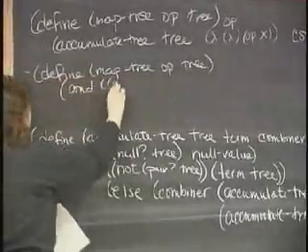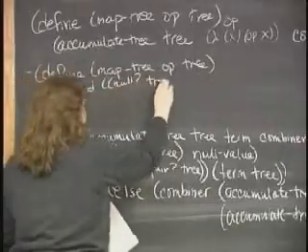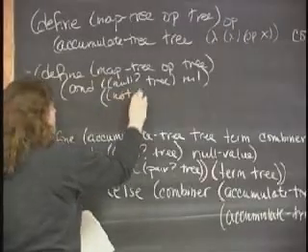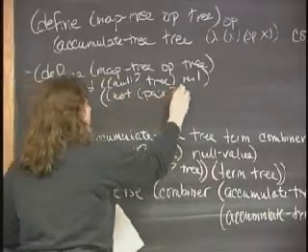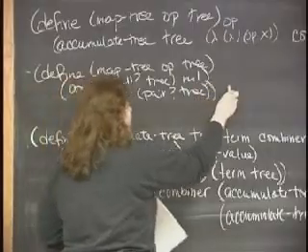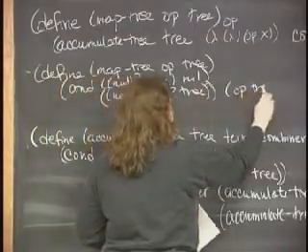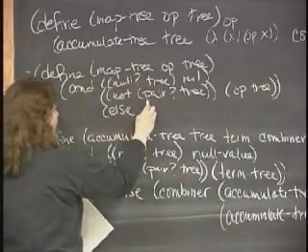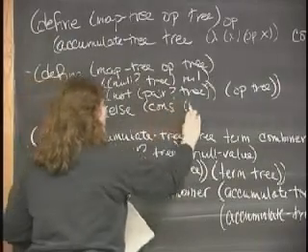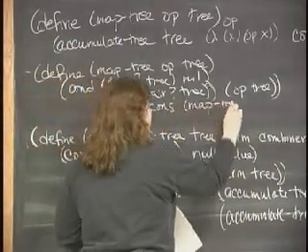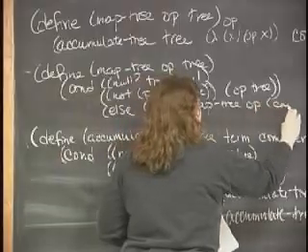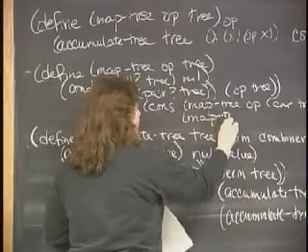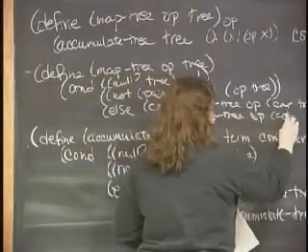We check if the tree is null, nil, not pair, tree, op tree, else, cons, map tree, op, car tree, to the map tree, op, cdr tree.